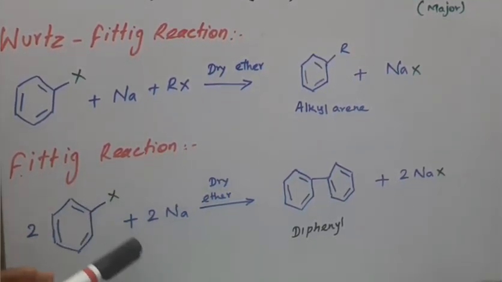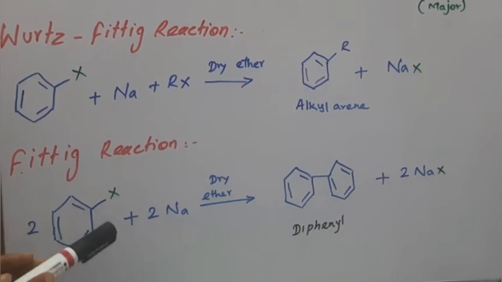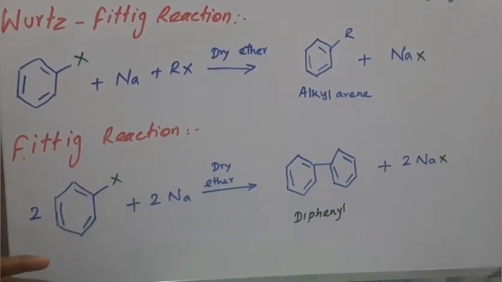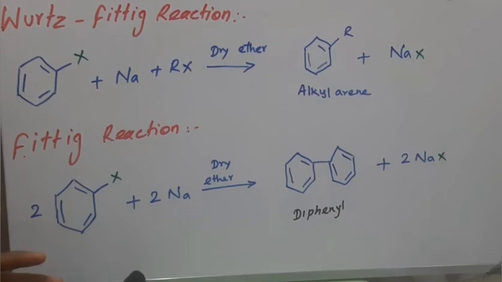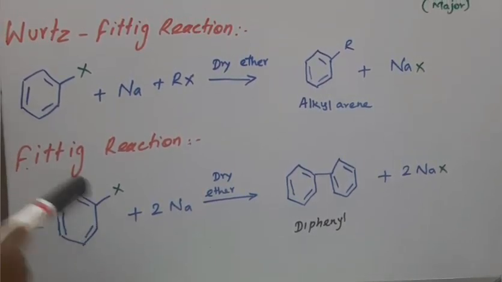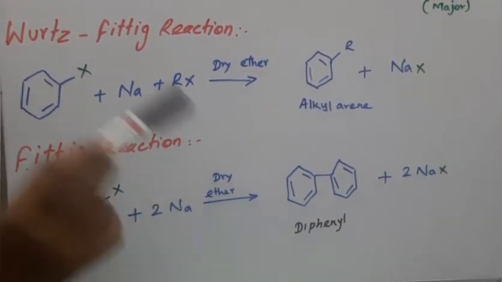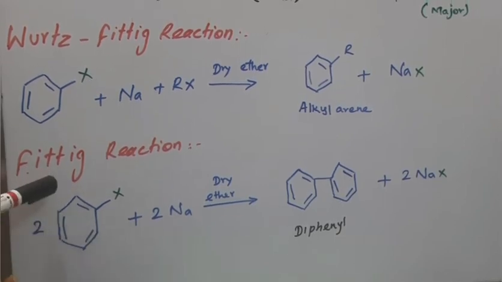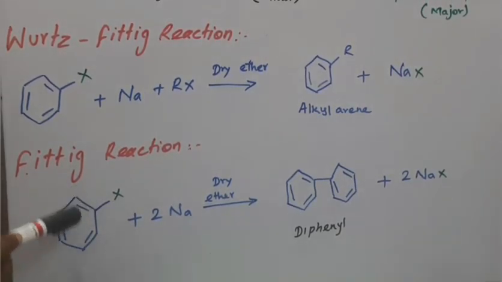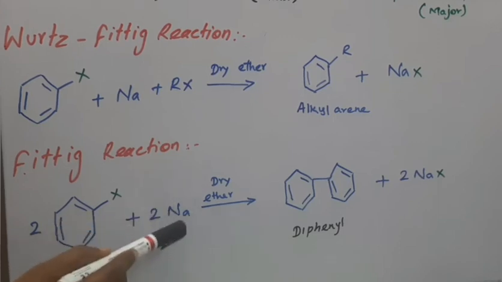These two reactions are combined because previously we studied the Wurtz reaction. What does the Wurtz reaction tell us? Alkyl halide reacts with sodium metal in the presence of dry ether. The Fittig reaction is aryl halide reacting with sodium metal.